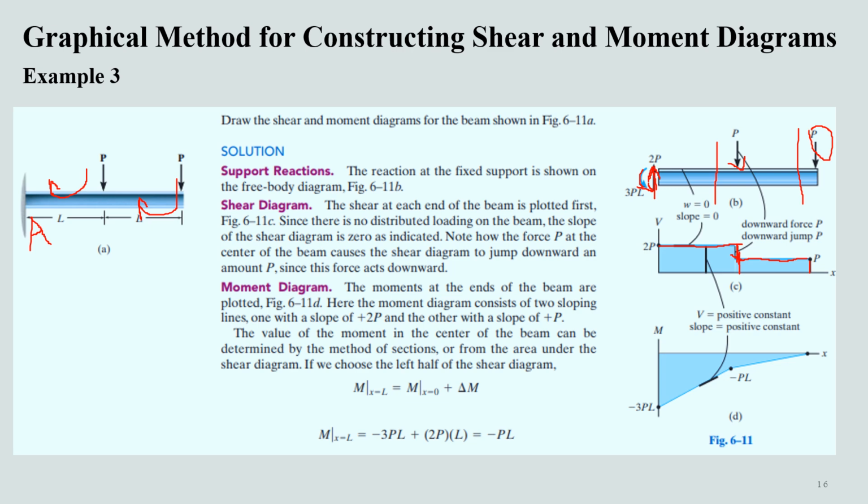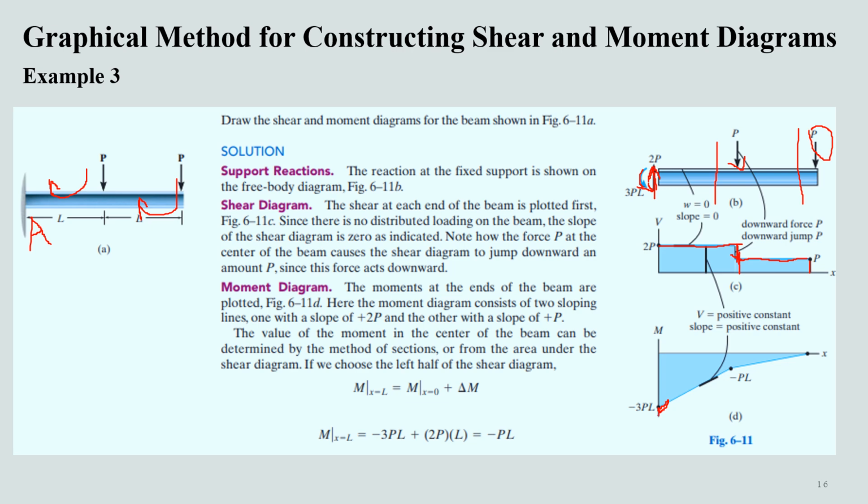And in order to plot the moments using the graphical method, just start from this moment. Since this is being applied counterclockwise, the resisting moment will be clockwise, and thus if the resisting moment is clockwise, we have to consider it as negative.